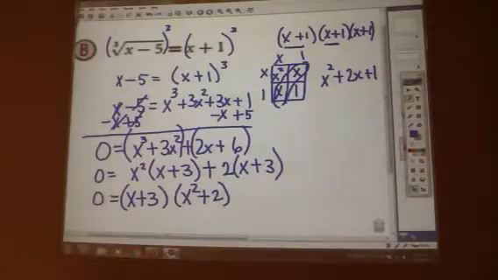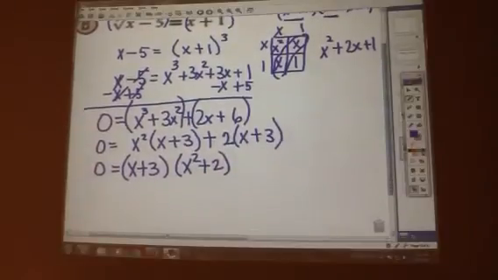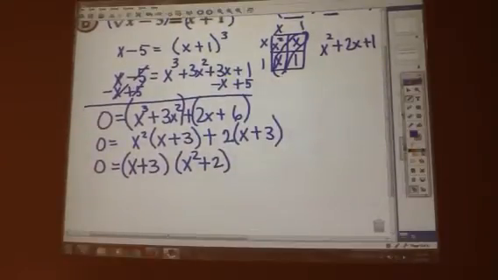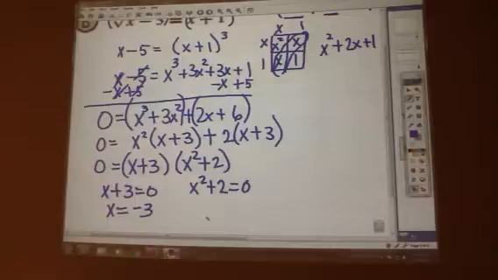We're getting close. We still have to solve for x equals. What do I do with each of these binomials? Set them equal to 0. Very good. X plus 3 equals 0. X equals negative 3. X squared plus 2 equals 0.